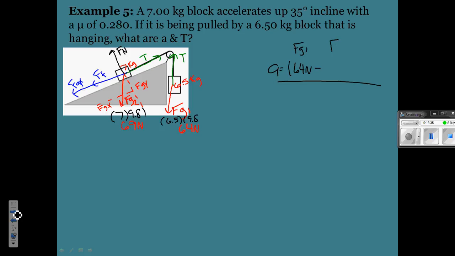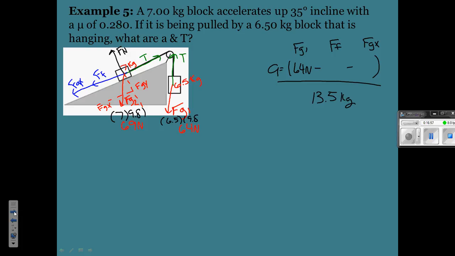I've got to find my F of f, and then I have to find my F of gx. And all that's going to be divided by the total mass, which is 6.5 plus 7 is 13.5 kilograms.